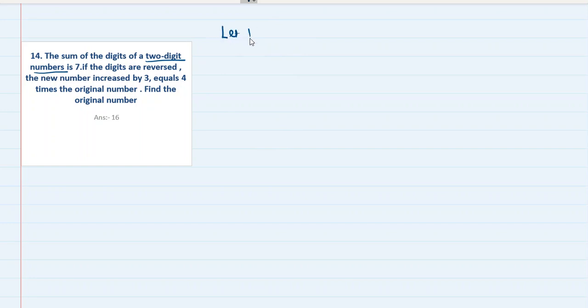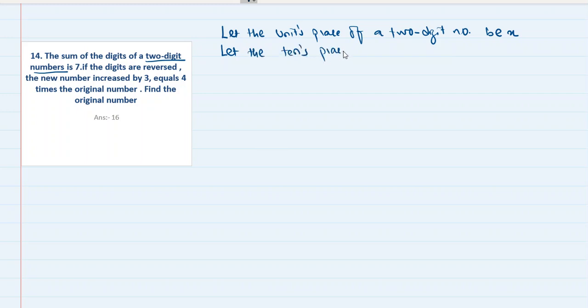So let the units place of a two-digit number be x, and let the tens place of a two-digit number be y.